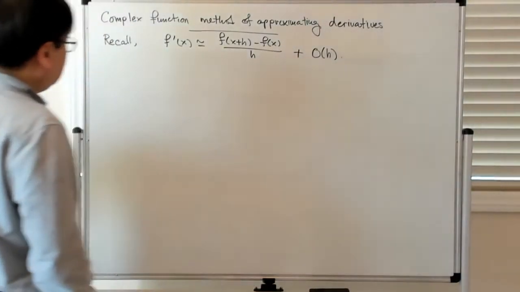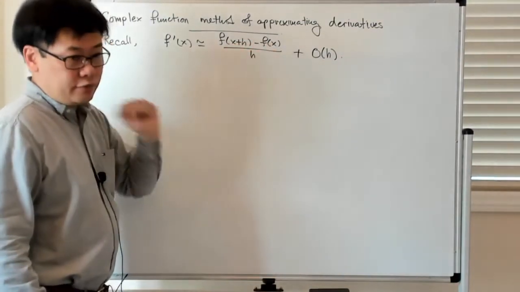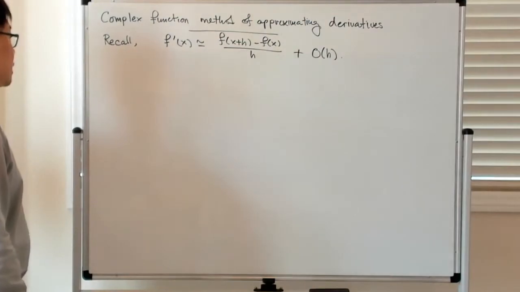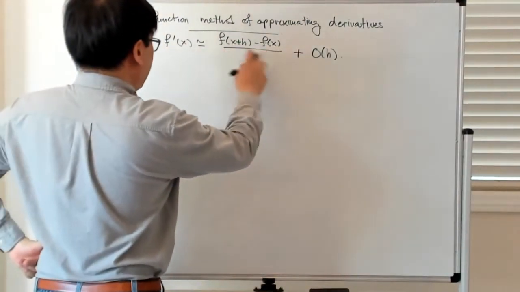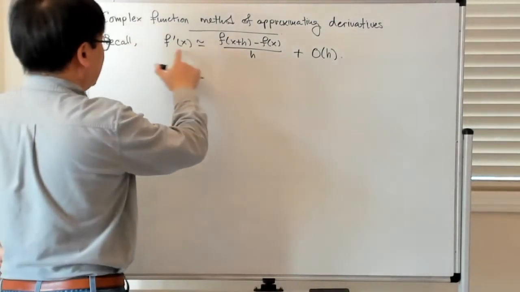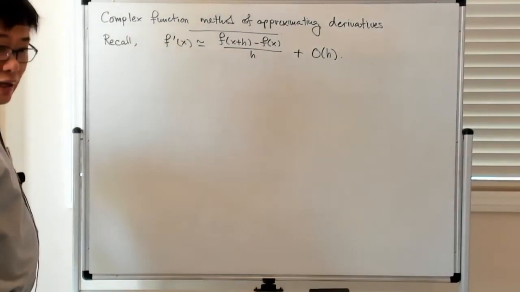Again, the real problem is that you have this difference of function values which are close to each other. If you remember, the way one gets a formula like this involves looking at the Taylor expansion.